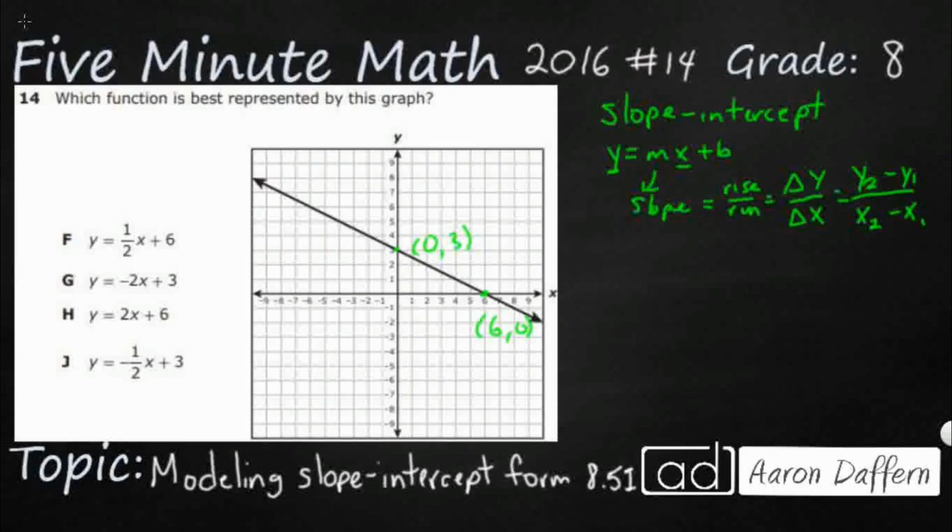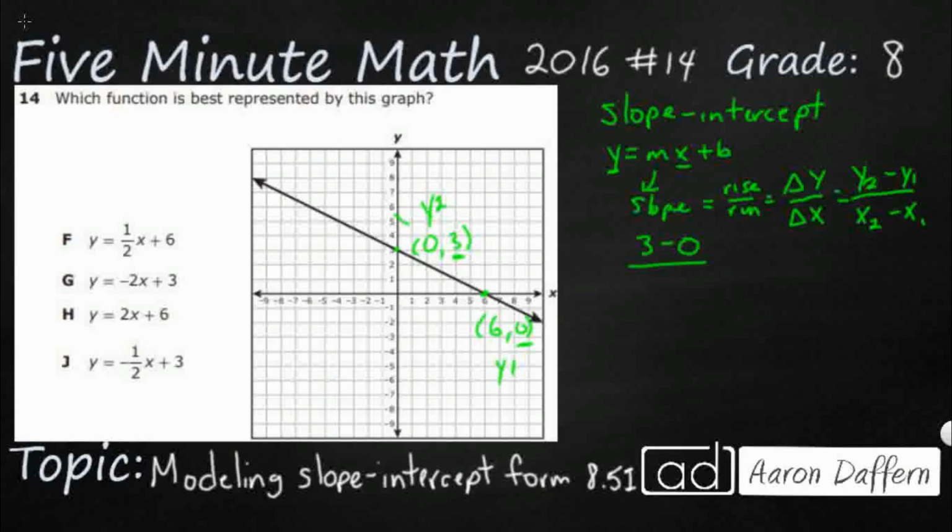Now, it doesn't matter which direction you do it, so I'll show you both ways. Make sure we're grabbing our y's first. I'll make this my second pair, and this my first pair. So I'm going to do 3 minus 0 as my slope, because that's my y sub 2 up here and this is my y sub 1 down here.